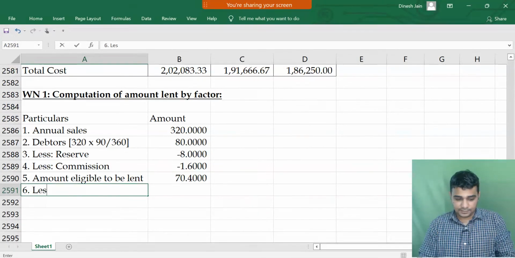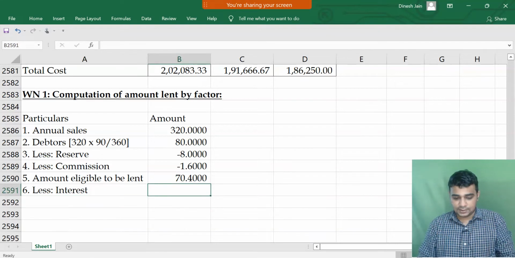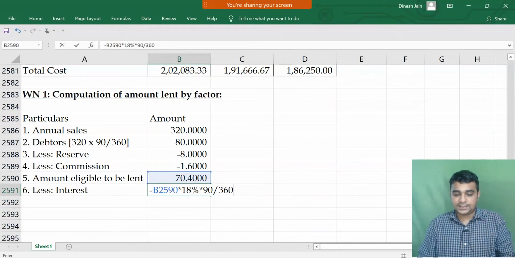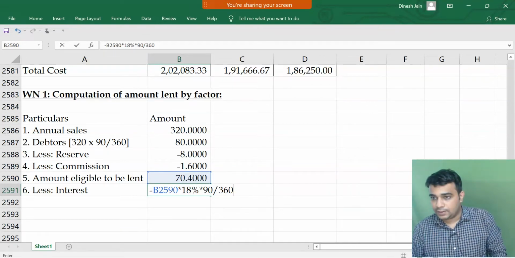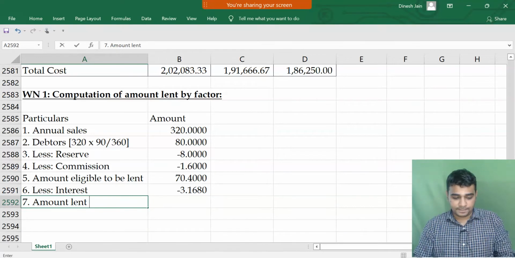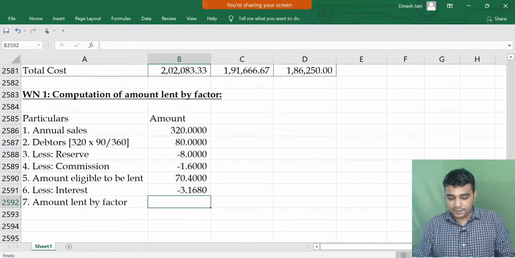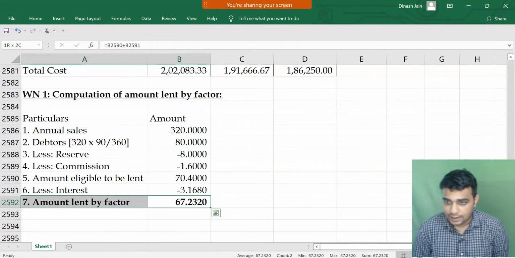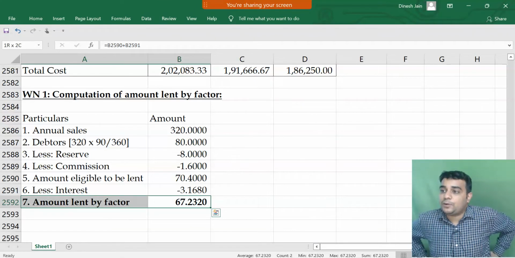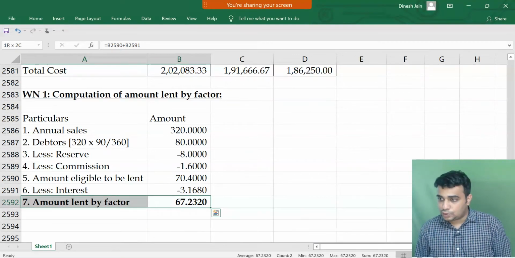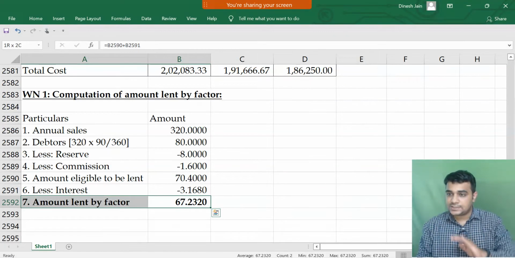Less interest, this into 80%, rolling period is 90, every 90 days this money will keep rolling, into 90, and amount lent by factor. The factor will basically give this money. I wanted 80 lakhs, I will get only 67 lakh 23,200 from the factor. This is the first thing.